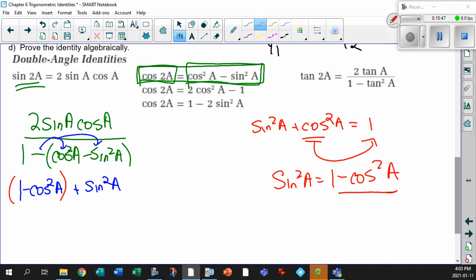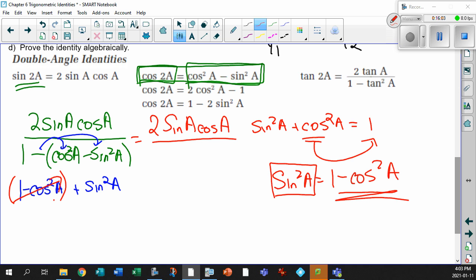Oh my goodness, there it is. So put the sine squared A in for this one. Now think of what the denominator is. The numerator hasn't changed. This is 2 sine A cos A all over sine squared A plus another sine squared A. Doesn't that give you 2 sine squared A's? It does.